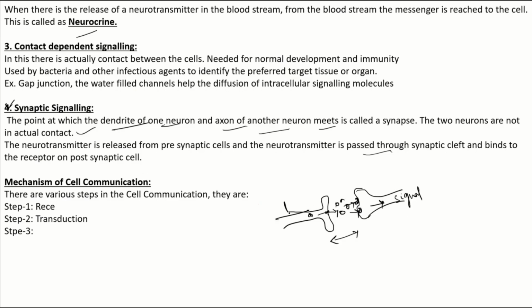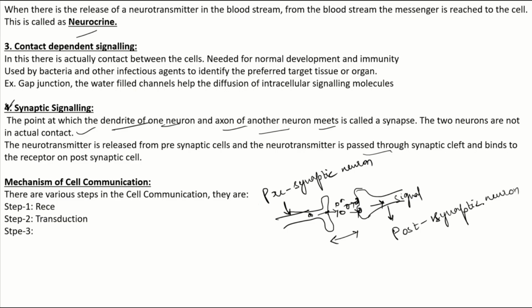I think you know this basic thing, that the axon which releases the hormone or neurotransmitter is called the presynaptic neuron, and the one which receives it is known as the postsynaptic neuron. This is the basic thing you should remember.